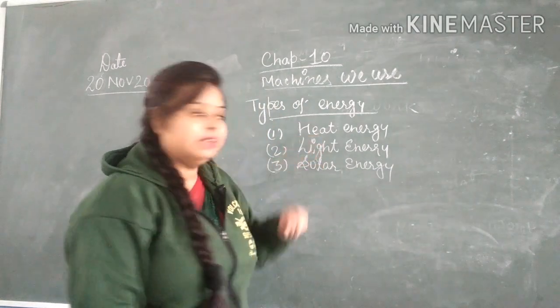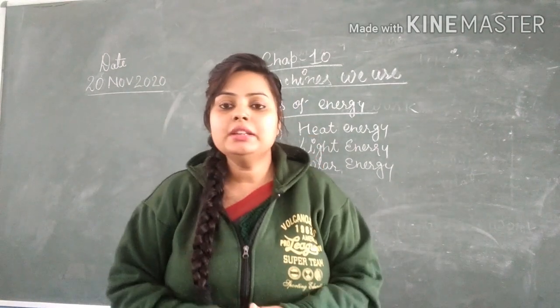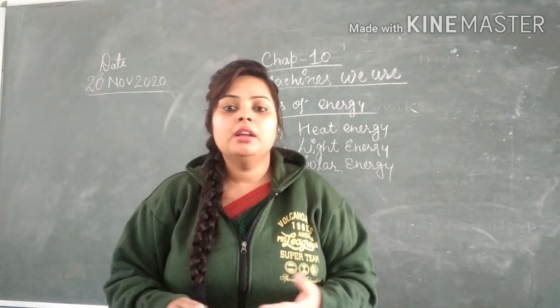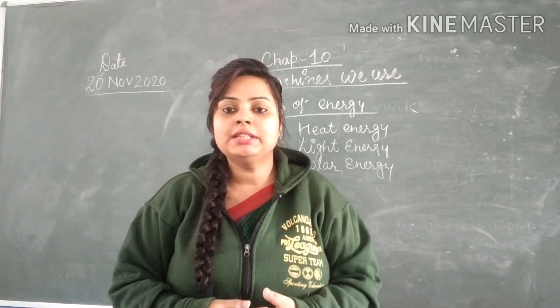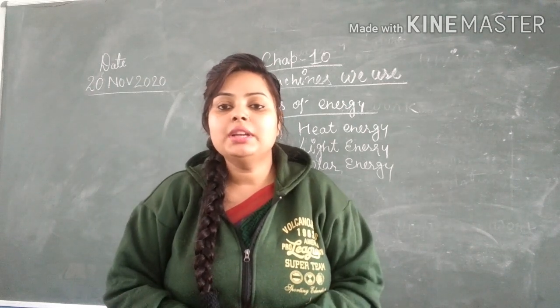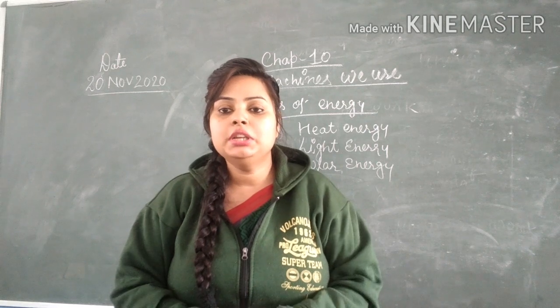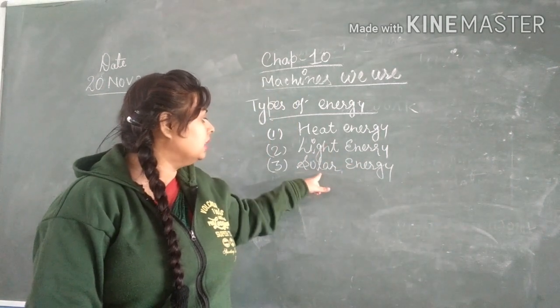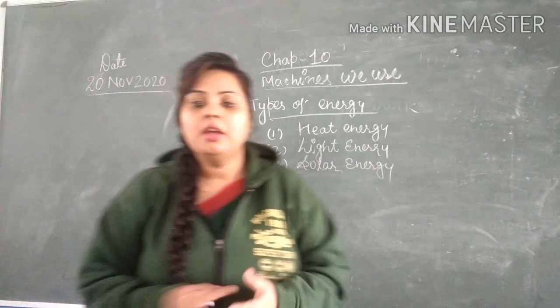Second is light energy. Light energy is used when we switch on any appliance or light or bulb. The electrical energy changes into light energy. Next is solar energy.